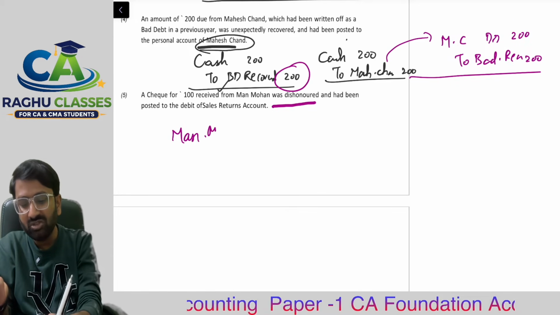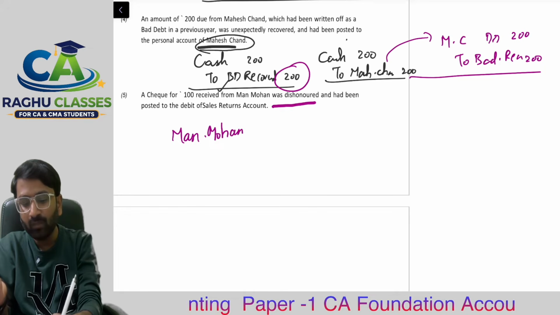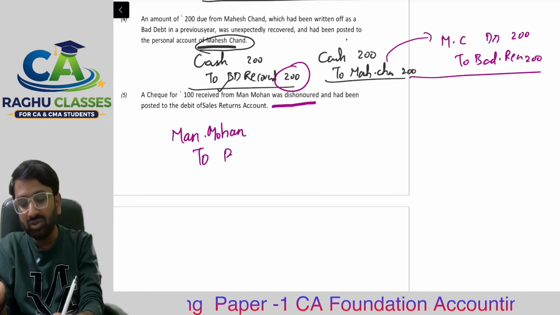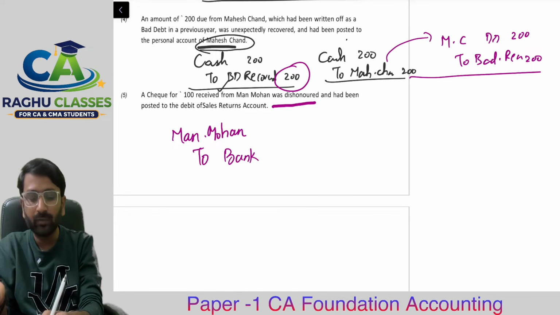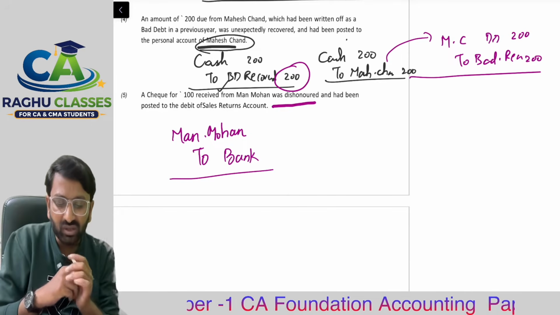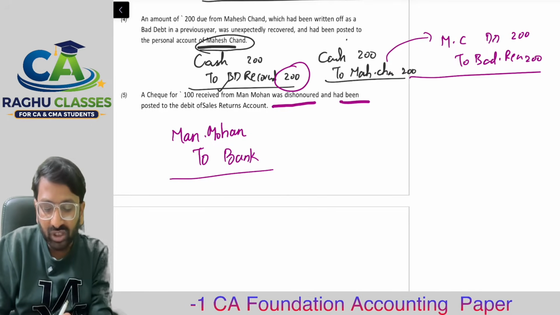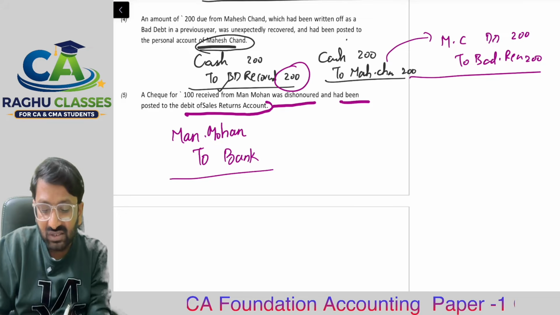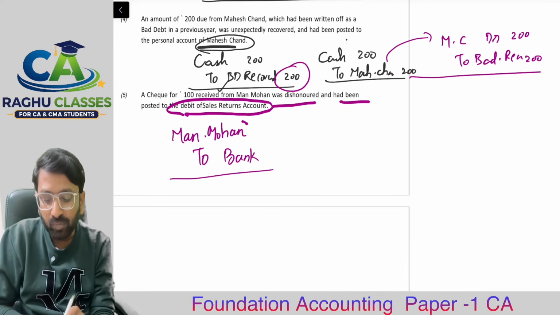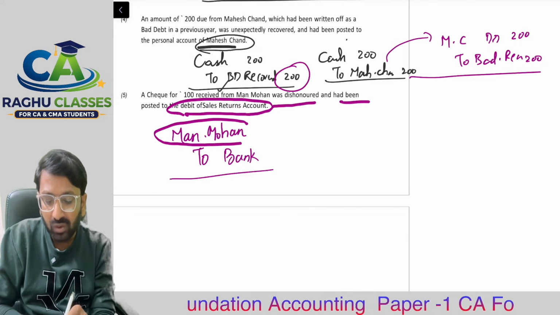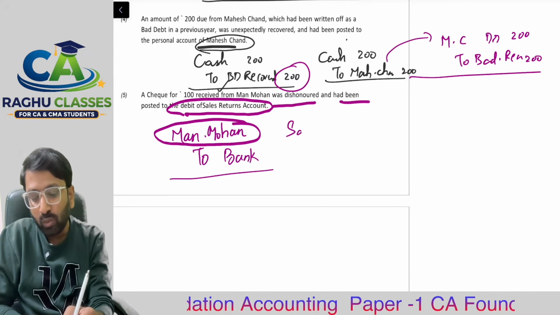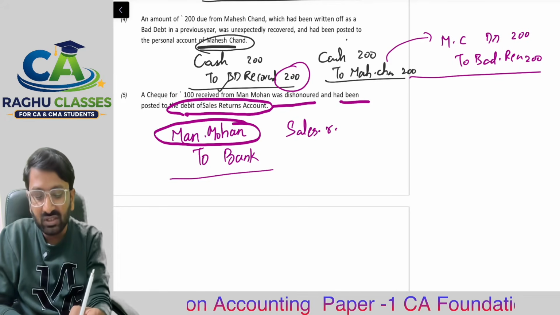So the entry for dishonor should have been Manmohan account debit to bank account. But what they have done, this has been posted to the debit of sales returns account.